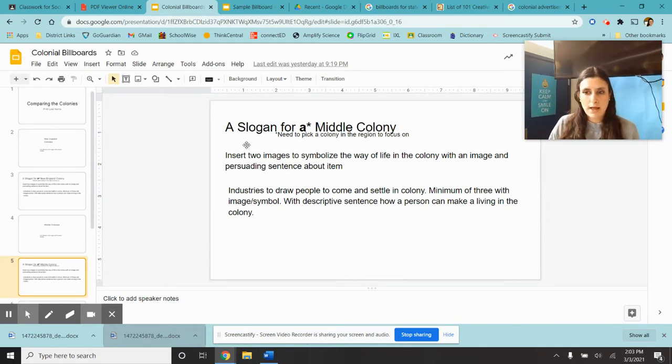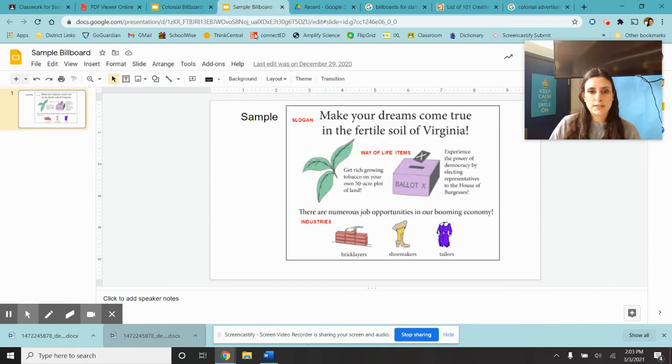What's great about building a life in the colony of New Jersey? Again, you're going to refer to the sample, put a slogan, a catchy, persuasive sentence to encourage people to come to that colony. Ways of life, what does the colony have to offer? And how can they make a job? What's the economy? The industries, how can they make a job? How can they be a part of the economy in that colony?